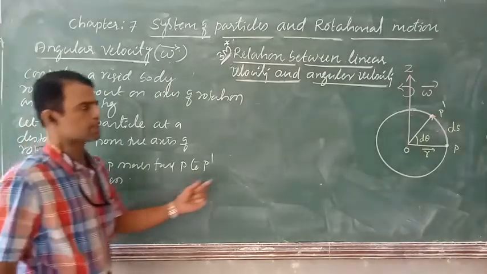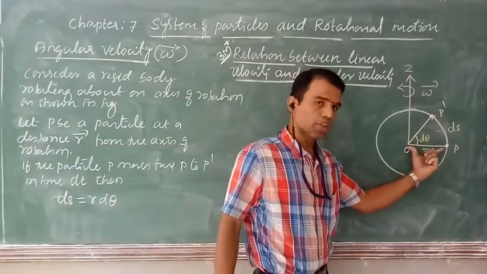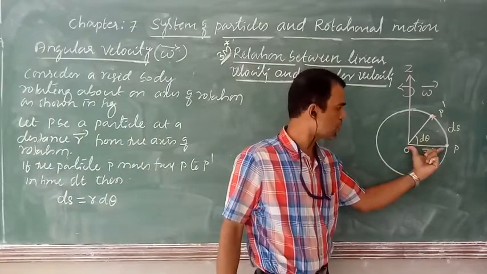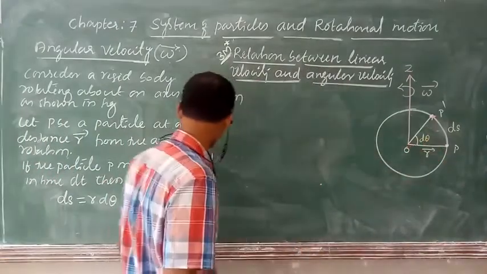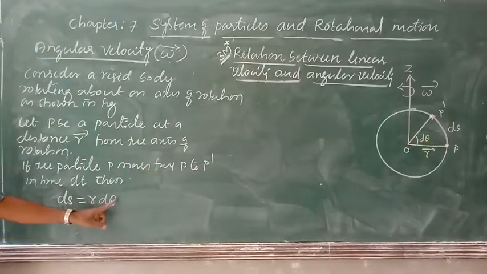Linear displacement is the magnitude of the position vector into the angle swept, that is, ds is equal to r d theta. We are writing only the magnitude part of this.